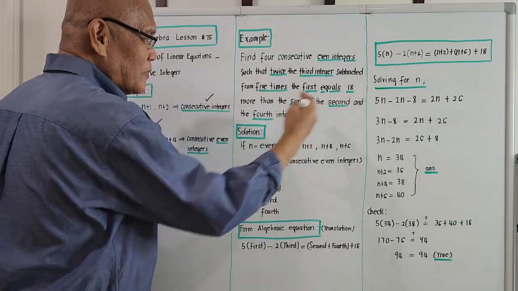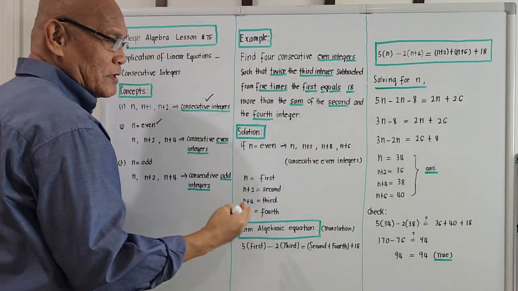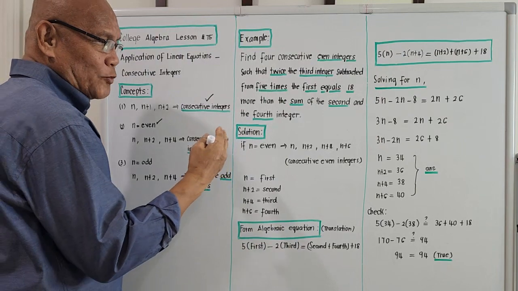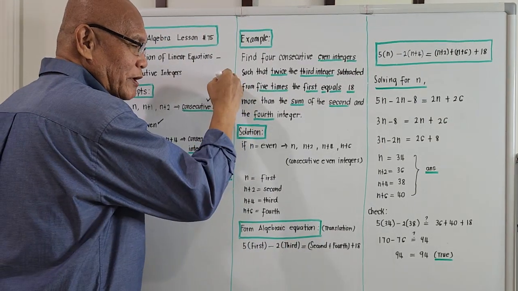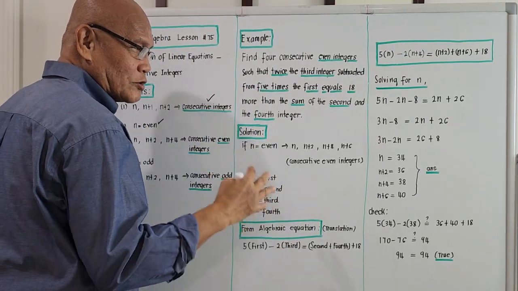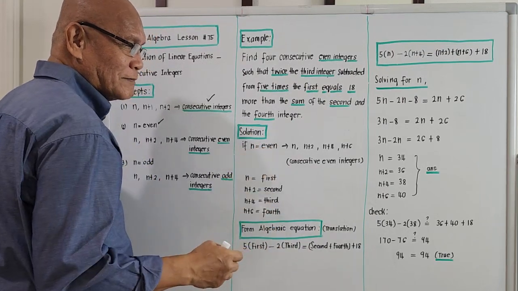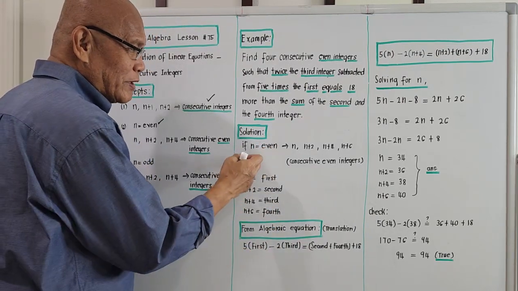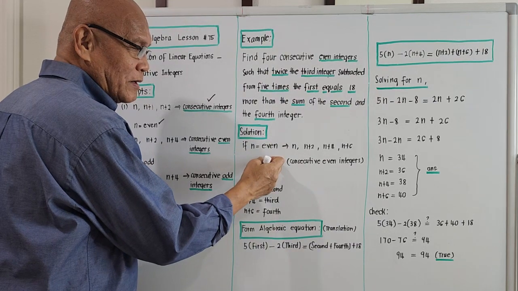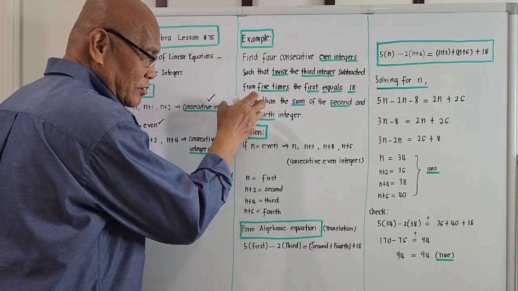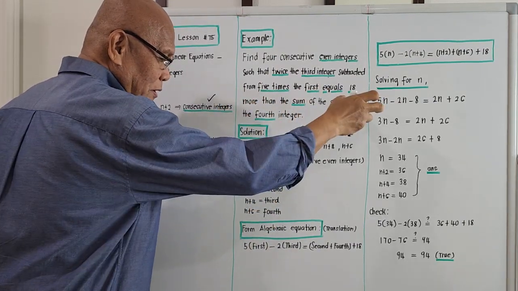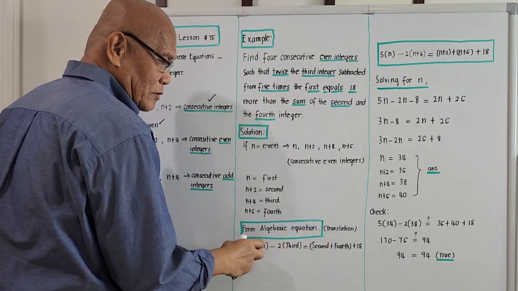This is a verbal problem, a worded problem, so we must translate this into an algebraic equation to show what is being asked. So actually we need a representation here. Then we need to translate this verbal equivalent in terms of an algebraic equation.